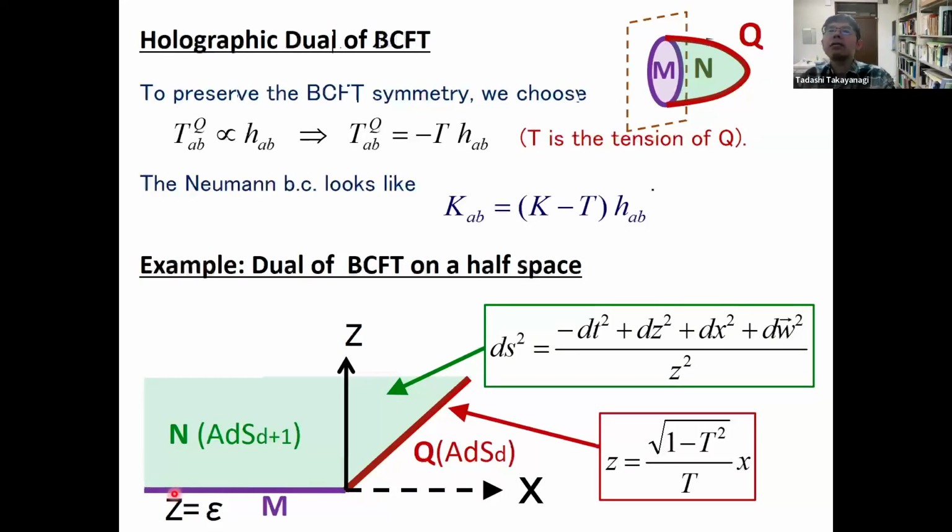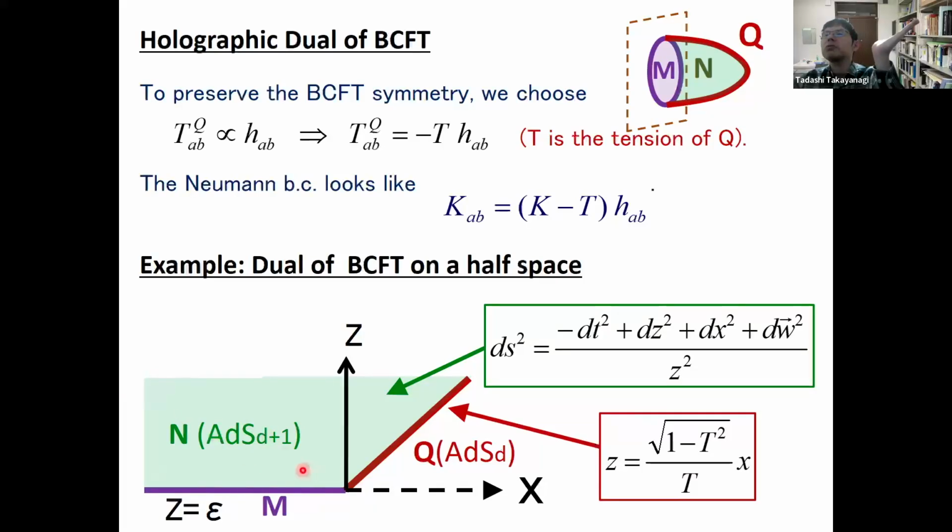We can easily solve this equation, and it gives just a plane with some angle. It always solves this equation, but with different values. So this gradient is related to the tension. If the tension is zero, it's really vertical, like here. The tension can be negative, and then it goes this way, cutting out more.